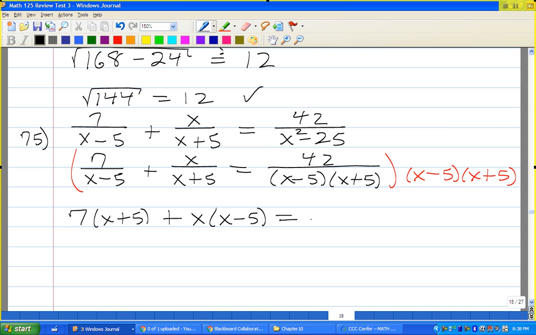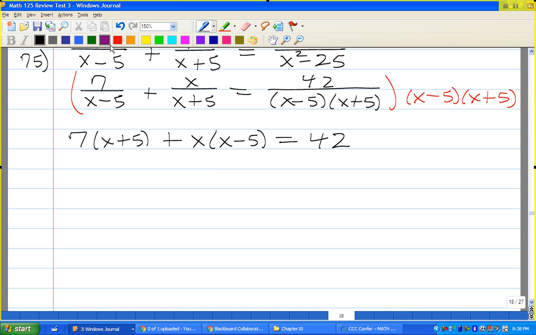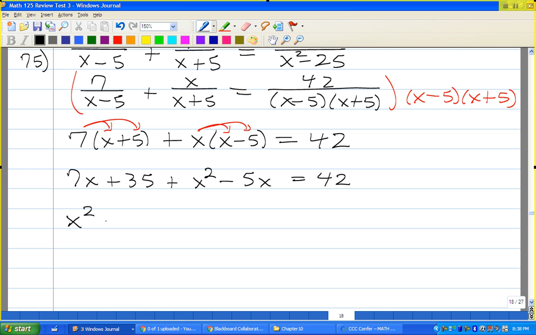So let me multiply the 7 inside the parentheses. So I get 7x plus 35 plus x squared minus 5x equals 42. And so I get x squared, 7x minus 5x is plus 2x, plus 35 equals 42.